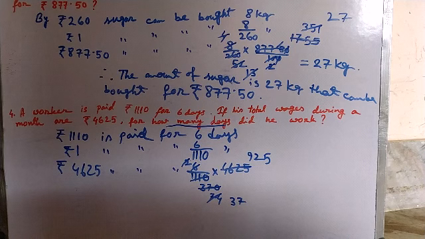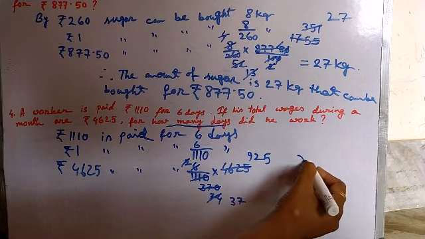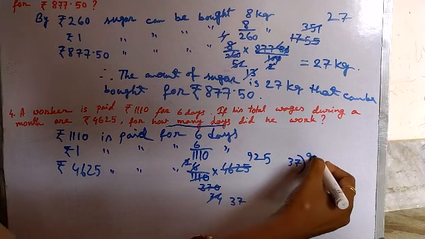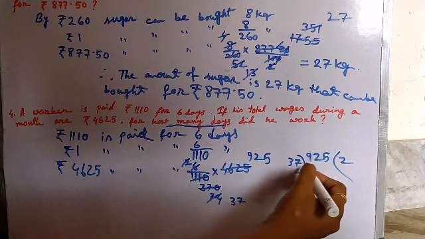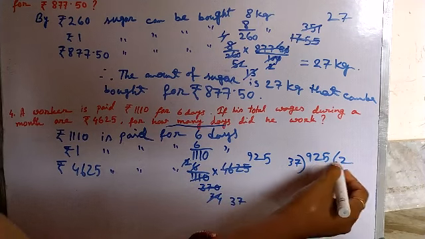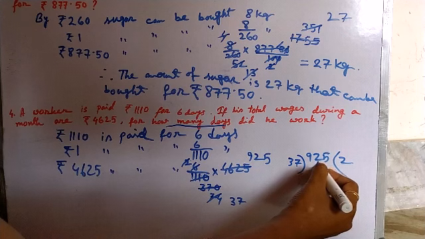Then by 37 it can be cut. 37 and this is 925. By 2 it can be divisible. That means 4.